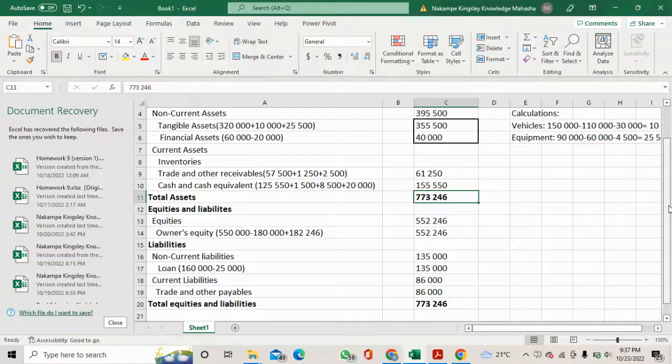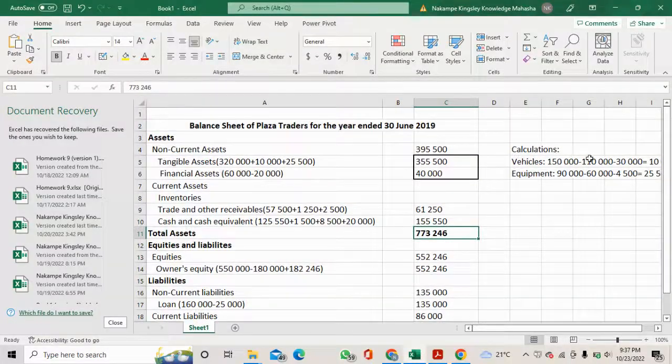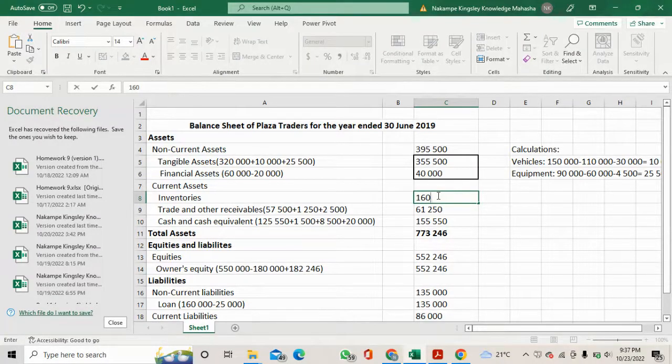Remember that we didn't have inventory. So now we take our total assets, minus cash and cash equivalents, minus other receivables, and minus our non-current asset, and then we get an amount of 160,946.